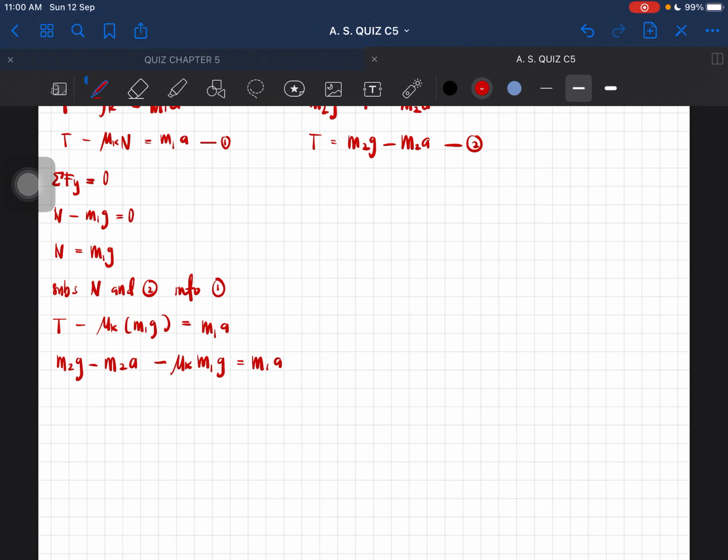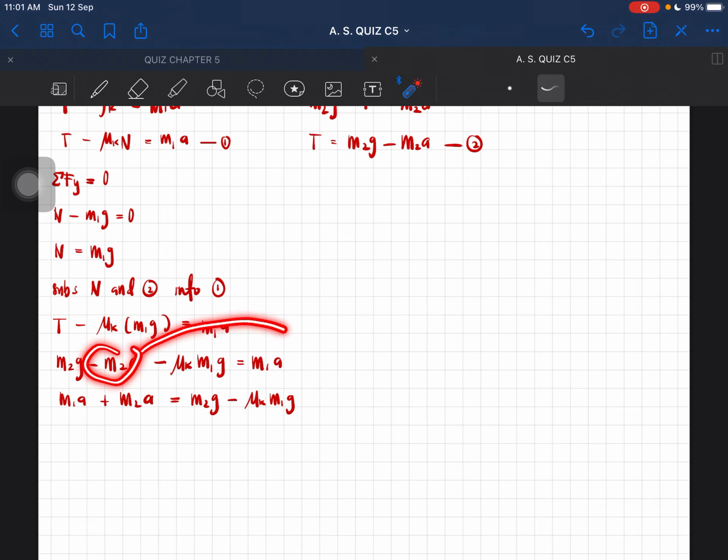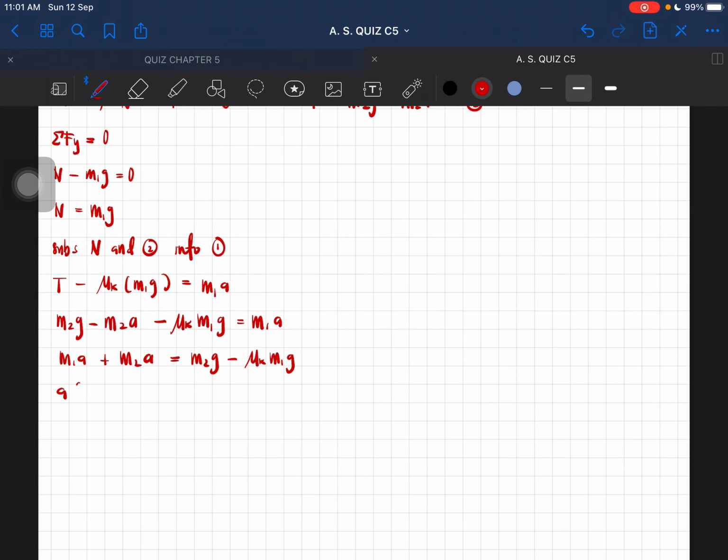So m1a plus m2a equal to m2g minus mu k m1g. I rearranged it, moving it over, so it becomes plus m2a. Then we can factorize m1 plus m2 equal to m2g minus mu k m1g.